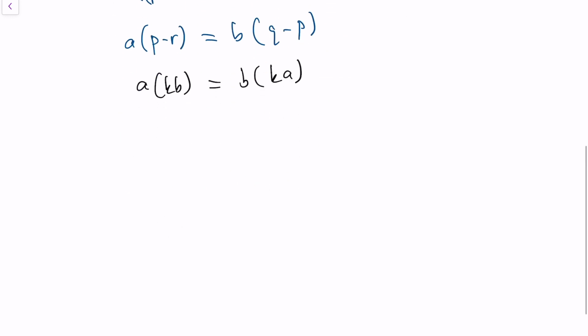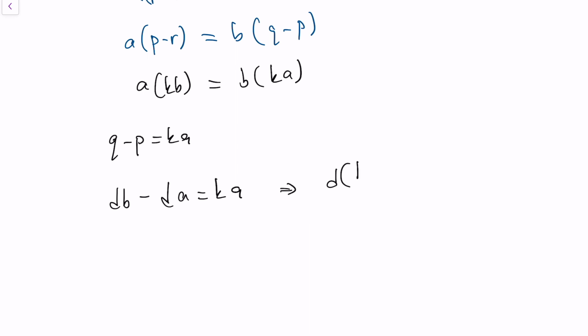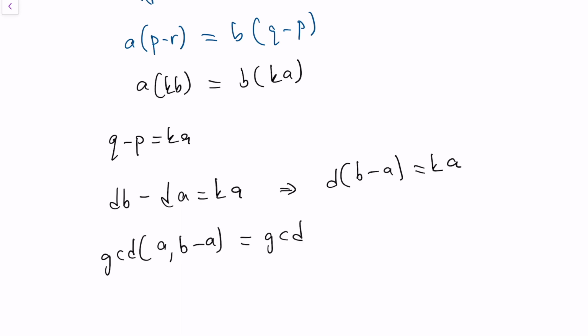Now, because we have q minus p equal to Ka, and q is equal to dB, that's how we defined it, and p is dA, that's equal to Ka, right? So that implies d(B minus A) is equal to Ka. Since GCD of (A, B minus A) is the same as GCD of (A, B), which is equal to 1, that implies that B minus A must divide K, right?